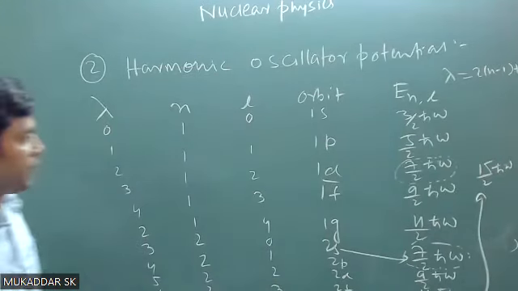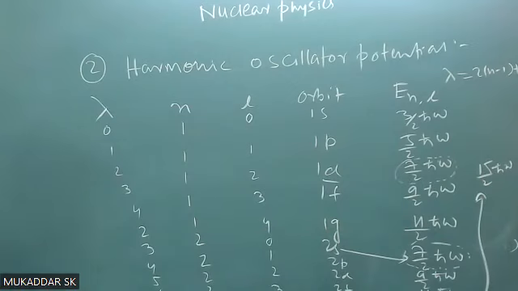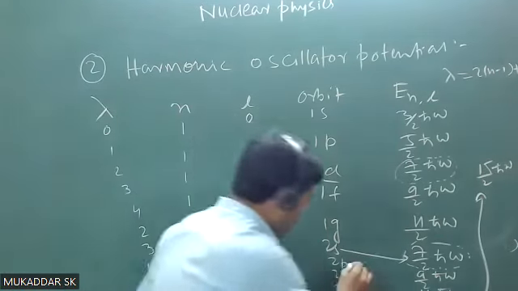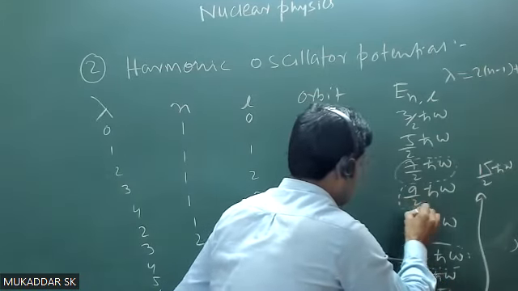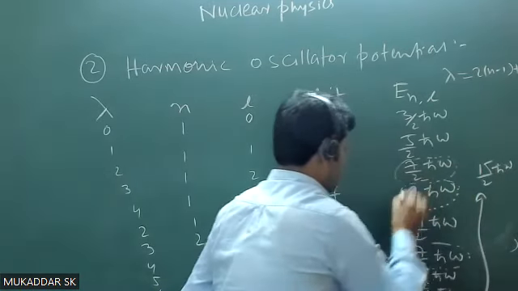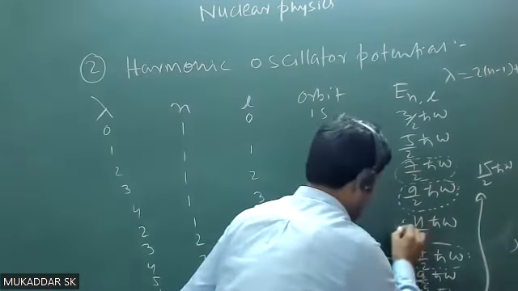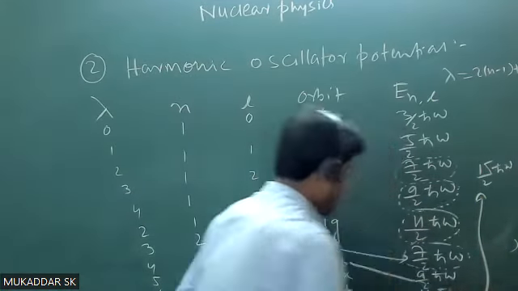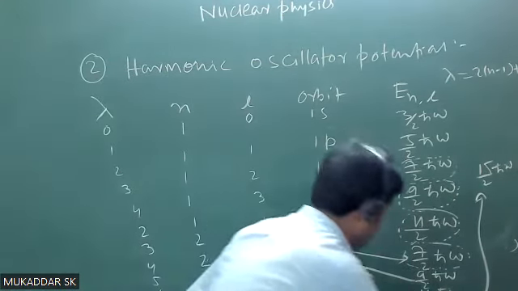It means 1d and 2s are basically a degenerate set. Similarly, you can see 2p having energy 9 by 2, and that is perfectly matching with 1f. Next, you have 1g. That is matching with what? 2d.